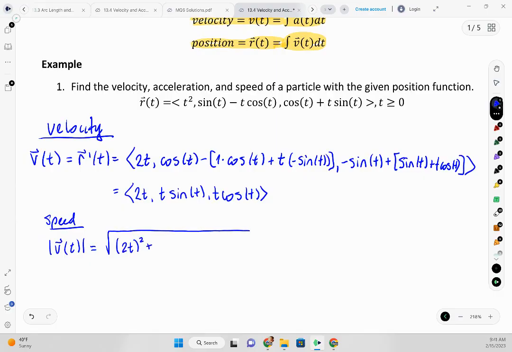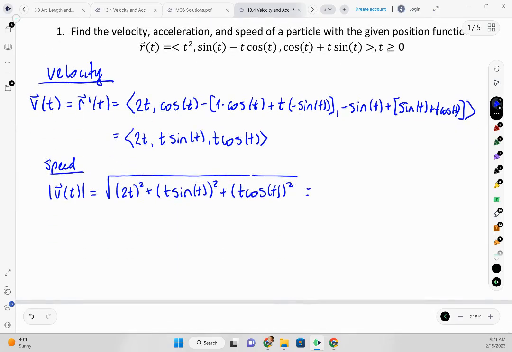So I'll put 2t in and square it, t sine of t in, getting squared, and t cosine of t will get squared. Working this out, we have the square root of 4t squared plus t squared sine squared of t plus t squared cosine squared of t.